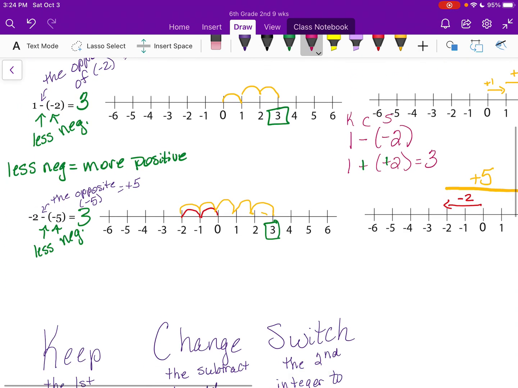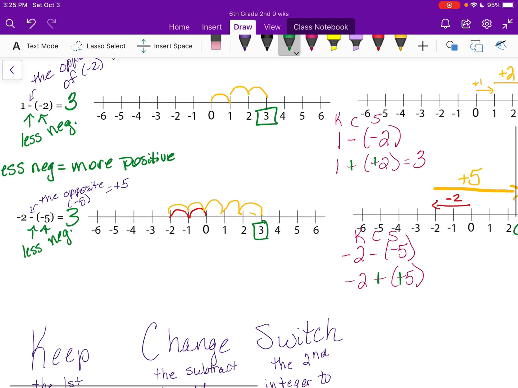And then one more. So -2 minus -5. Bet you already can see it. So I'm going to keep change switch. So I'm going to keep the first one, I'm going to change the subtract to add, I'm going to switch the -5 to a +5.